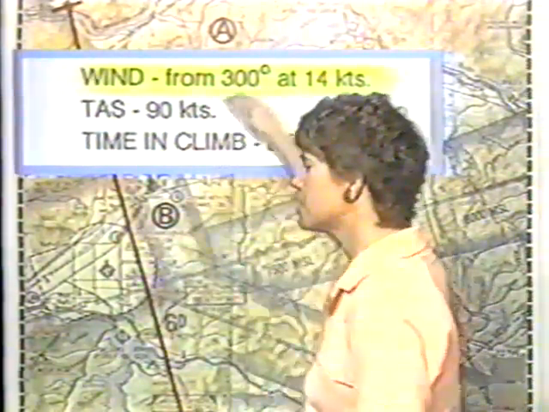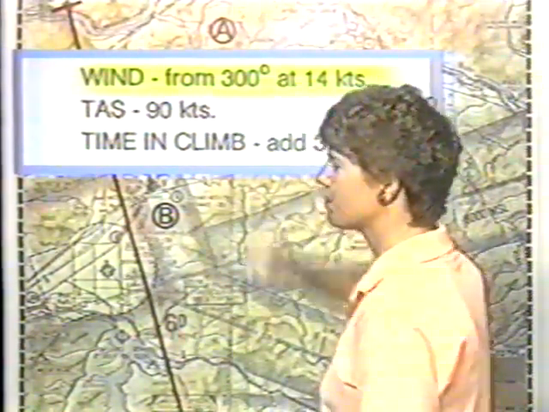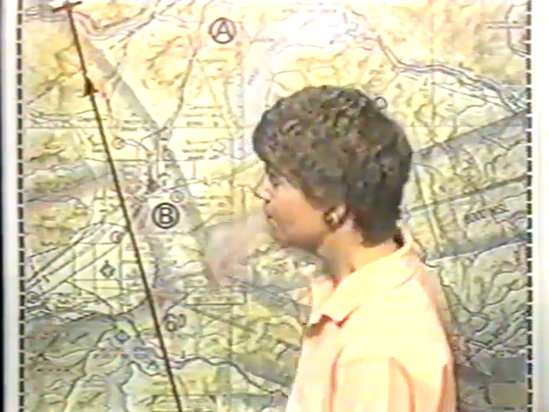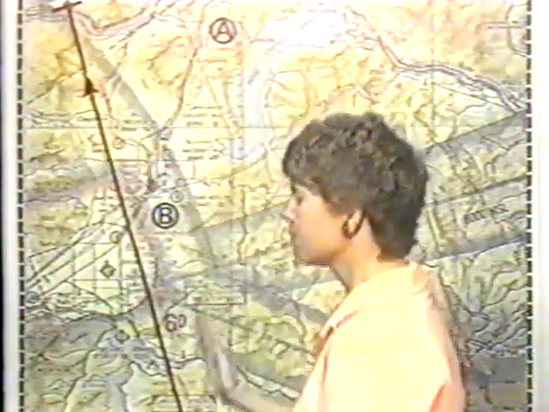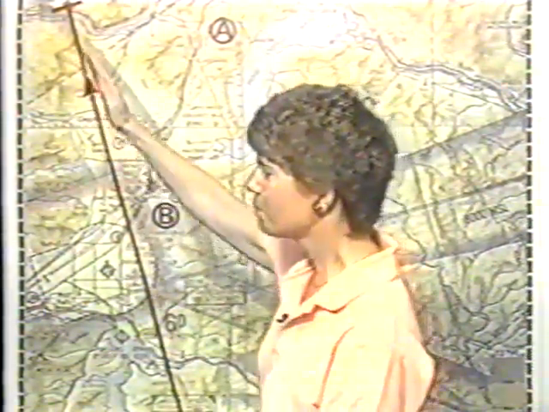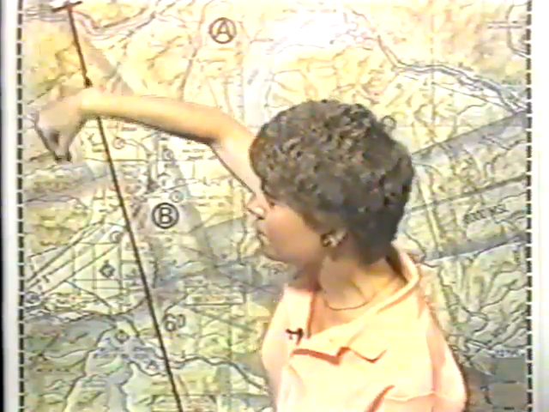And then we want to take a look at the wind information the FAA gives us. And the FAA says that our wind is from 300 degrees at 14 knots. Okay, from 300 degrees at 14 knots. That means that the wind is coming in basically from the northwest. We're flying north-northwest, but the wind is coming down from the northwest.